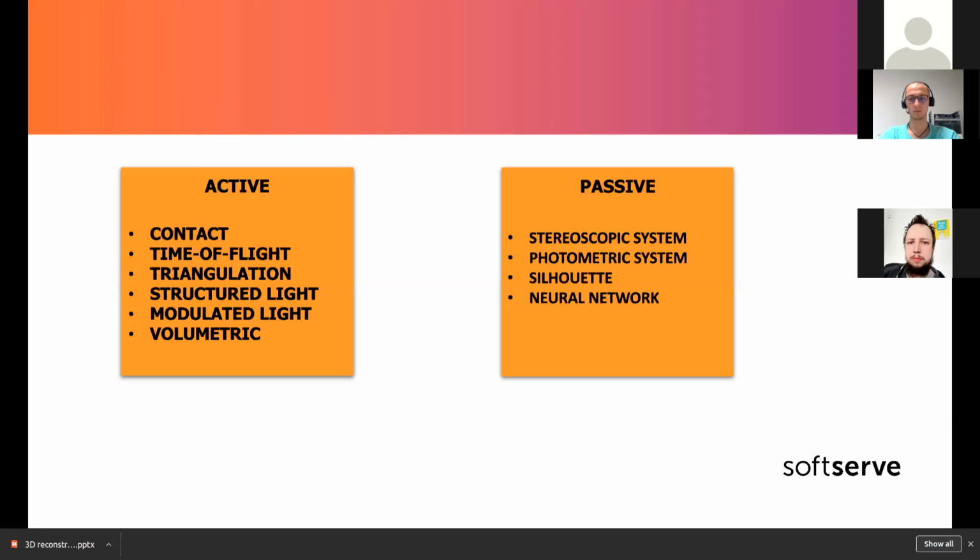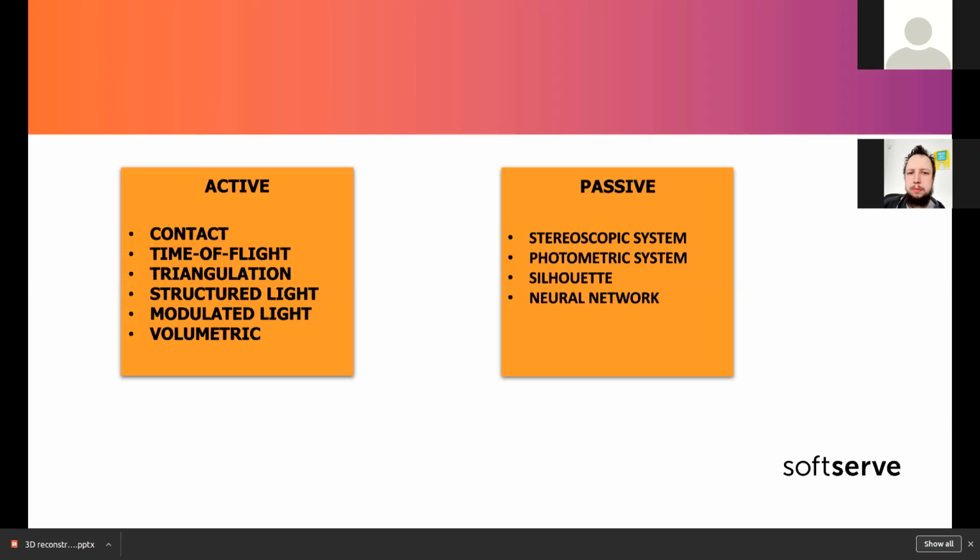This method uses a specific pattern that is projected on the object, and then the camera captures the reflected light, and a specific algorithm is used to reconstruct the observed object.